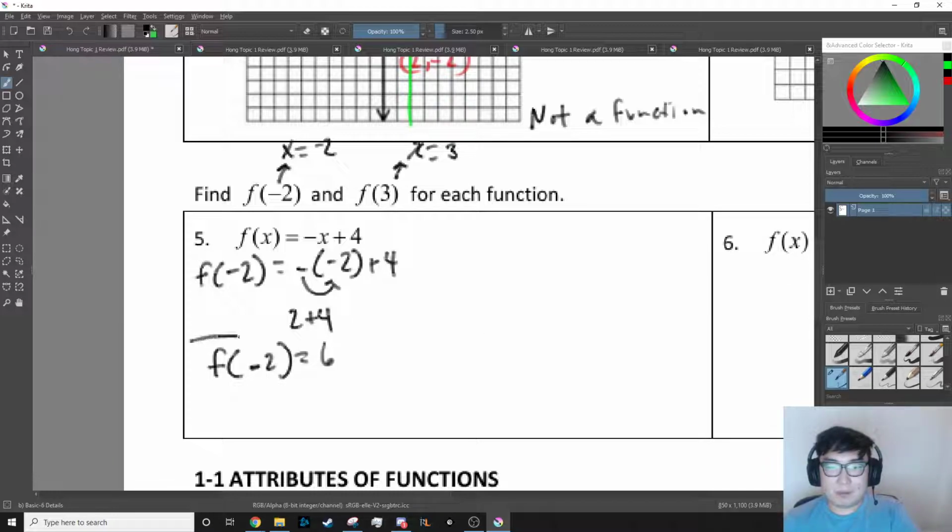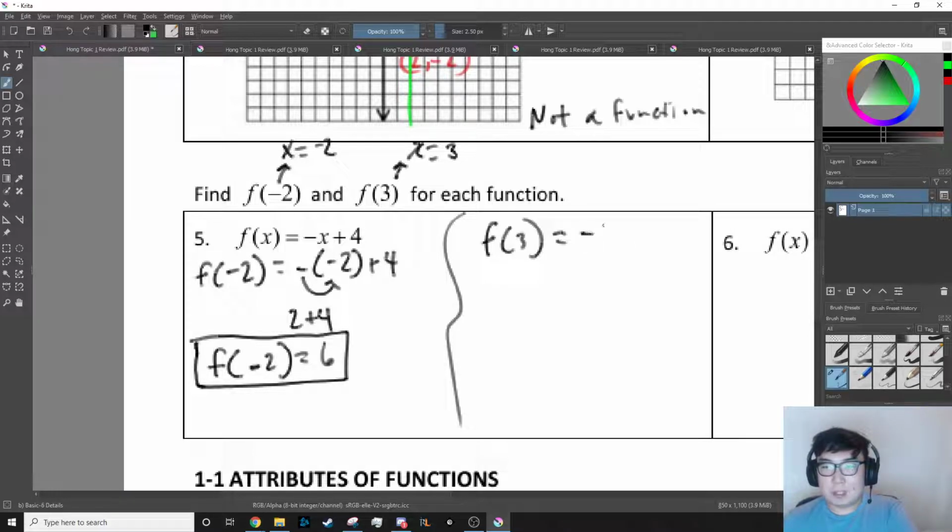So I evaluated when x is equal to negative 2. That's what the question is asking me for. I did half of it, because this question is asking me for both x equal to negative 2 and x equal to 3. So f of 3 is equal to negative 3 plus 4.